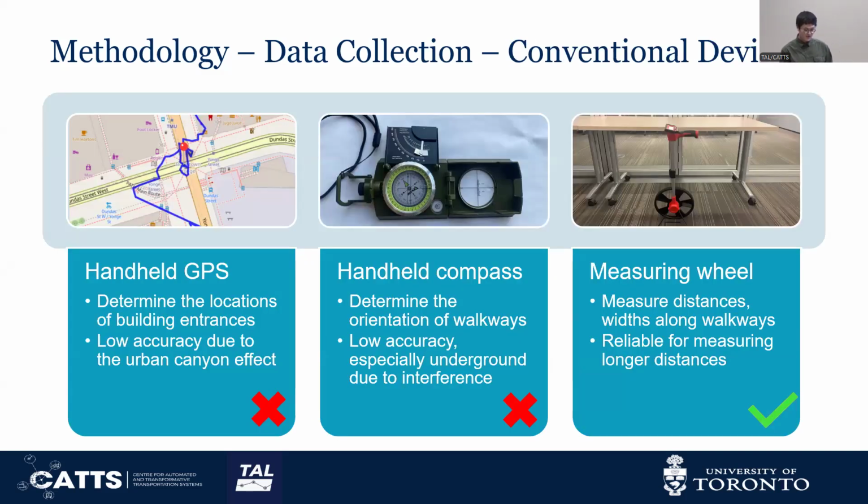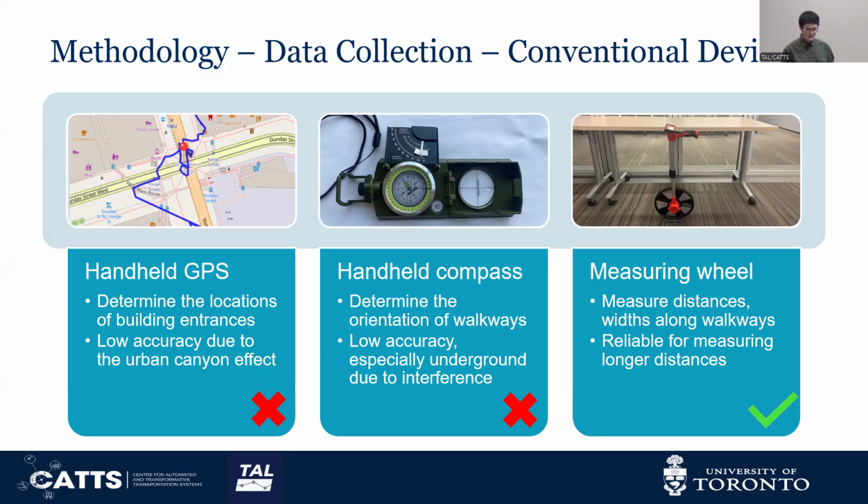And we tried some conventional devices. For example, handheld GPS, like we can get that from our phone, but this doesn't quite work very well because of the urban canyon effect in downtown Toronto. And also there's a handheld compass, which can help us to determine the orientation of walkways.